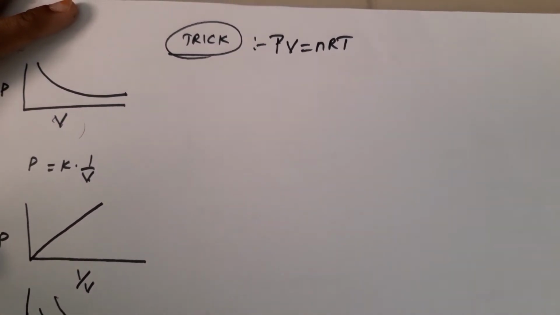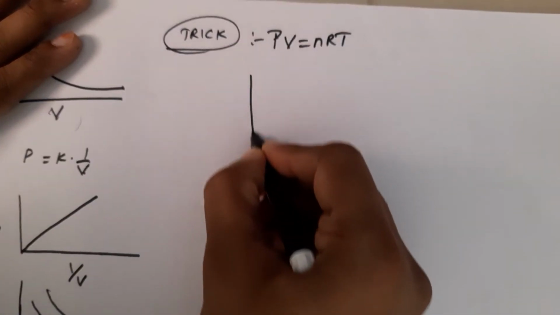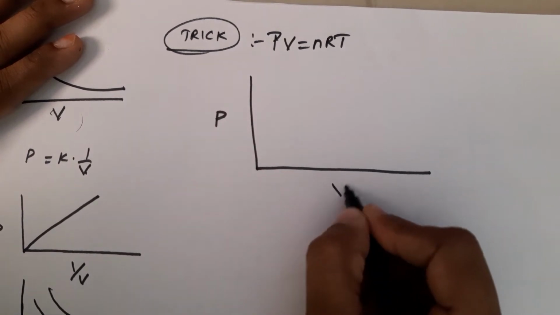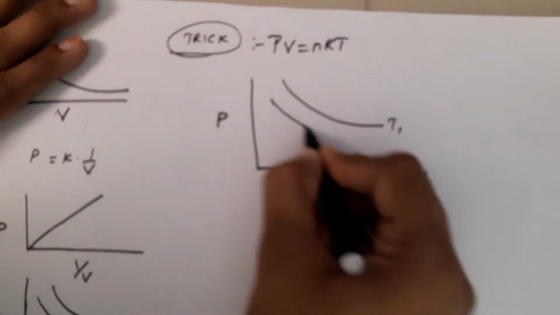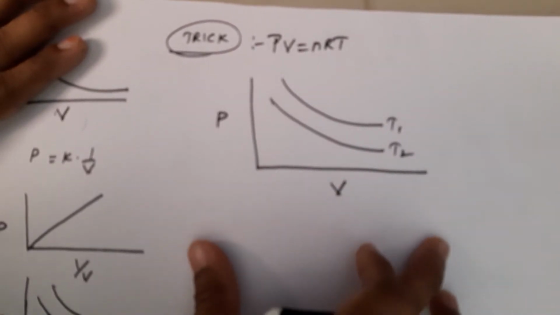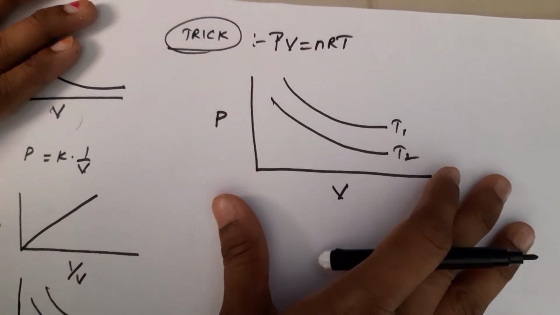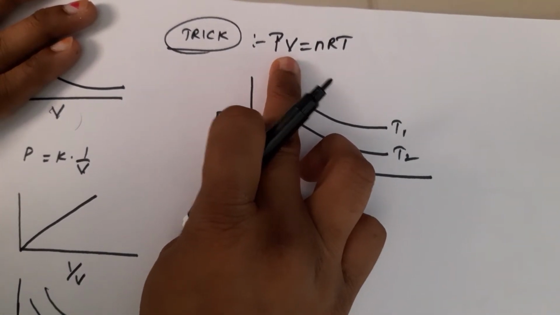Okay, and here, see, I am drawing the graph again, P versus V, here T1 and T2, this graph. Okay, on being given any graph like this, first of all remember this ideal gas equation, and observe the graph.